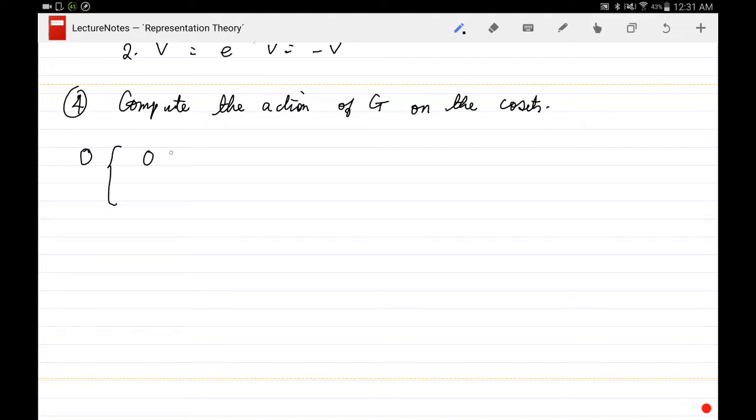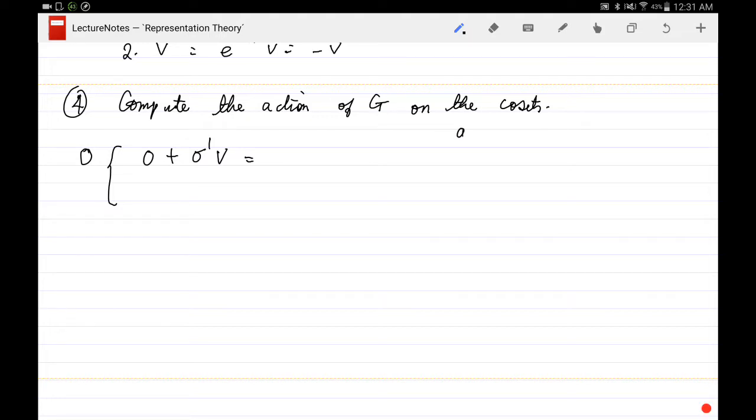So 0 is going to act by addition on the first coset, sigma times V, right? And this is going to be what? So remember our definition of the action of the group on the coset.